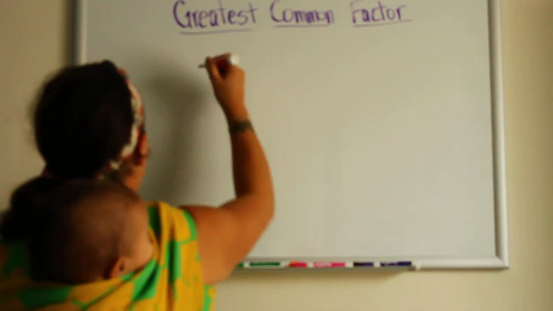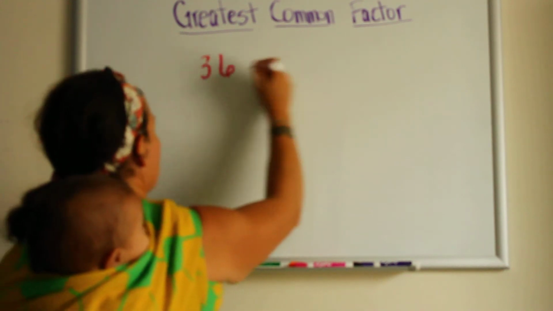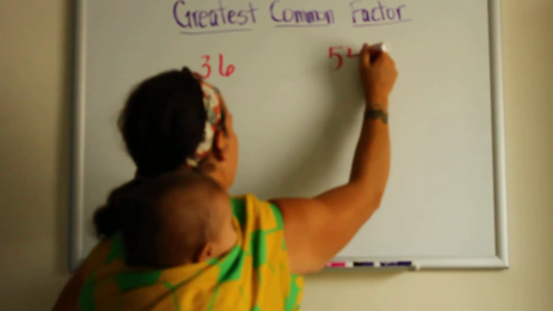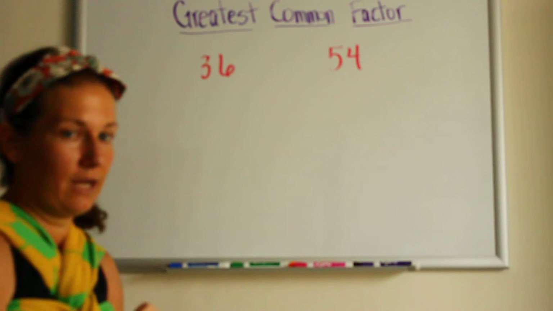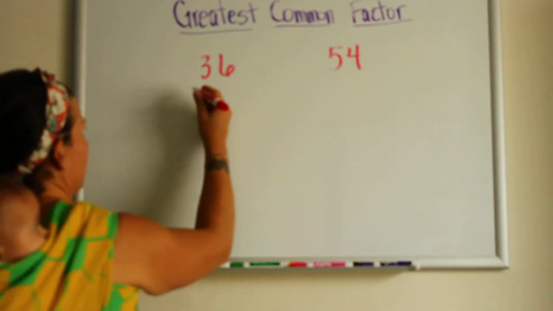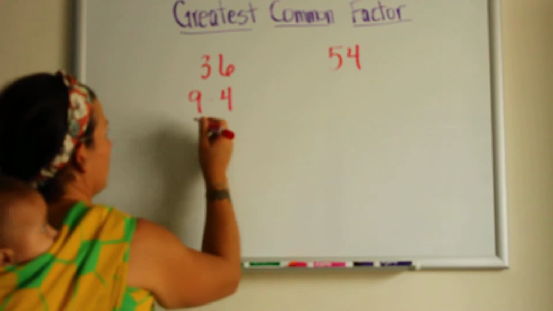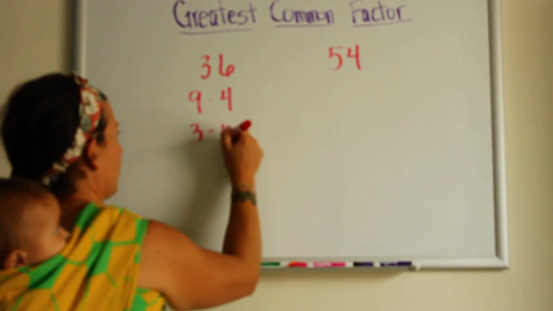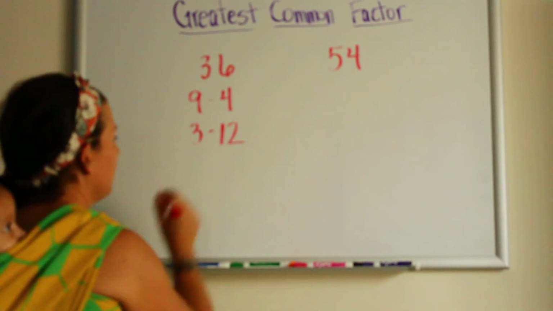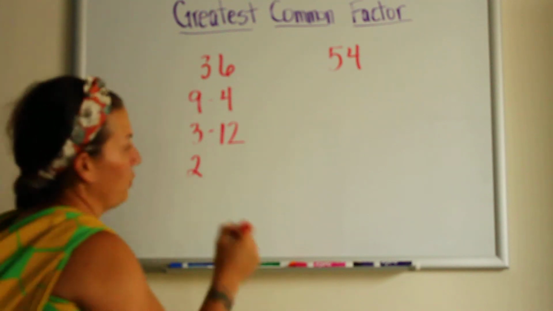Let's look at another example. This time we'll take 36 and 54. First, I want to break up 36. I know 9 times 4 right off the bat. I know that 3 times 12 will go into it. I know it's even, so 2 will go into it.